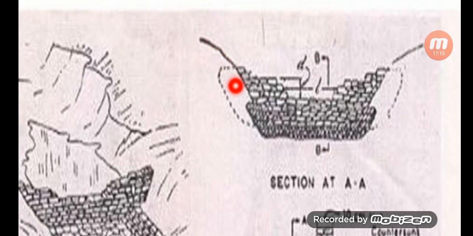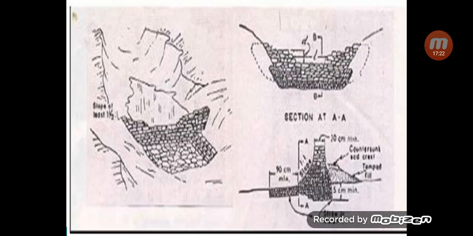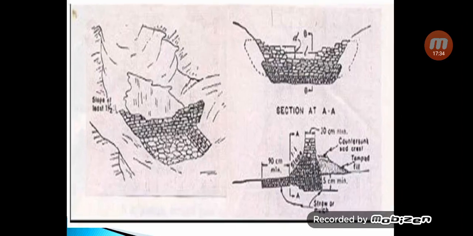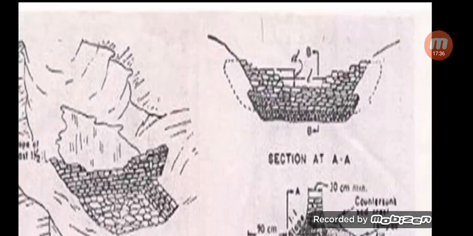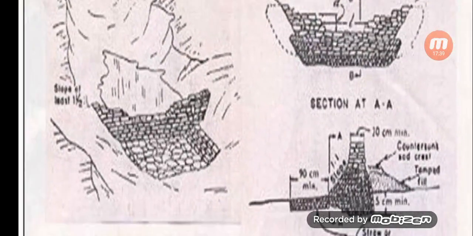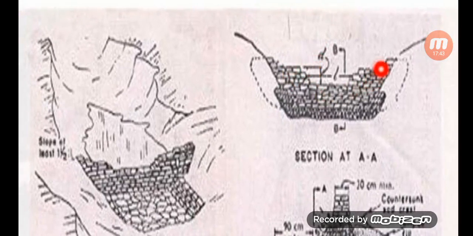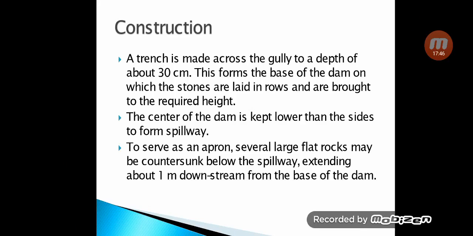It will form the base of the dam, on which the stones are laid in rows. You can see the stones are laid in rows and brought to the required height.